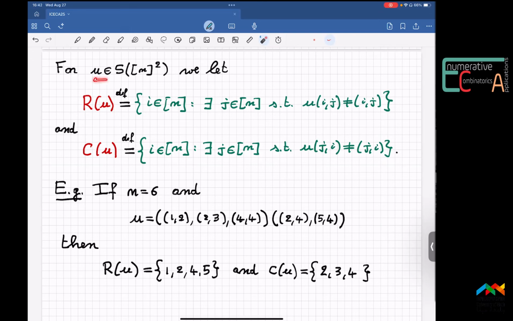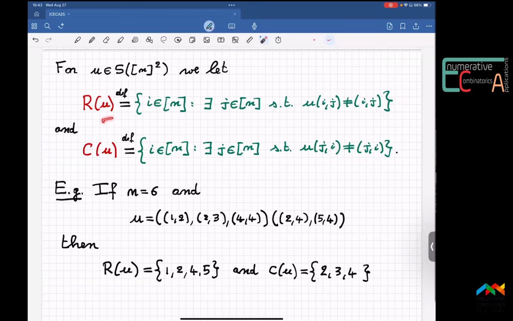So you take your u, a permutation of n², and I define two subsets, R(u) and C(u), subsets of the integers from 1 up to n. R(u) is all the numbers i from 1 up to n so that there is a j so that u(i,j) is not (i,j). So what we are saying is that i is in R(u) if in row i there is at least one element that's not fixed by u.